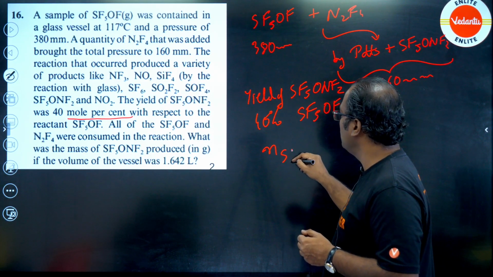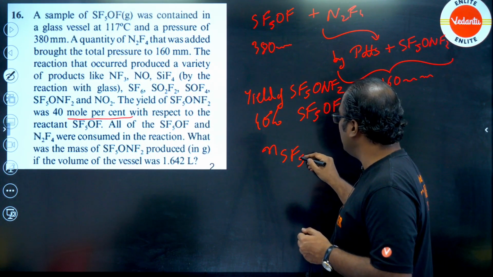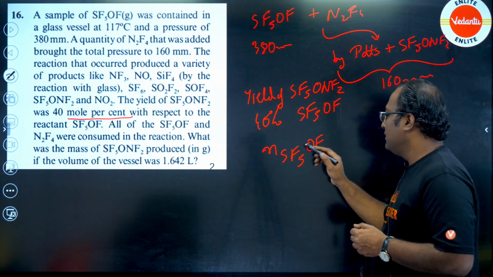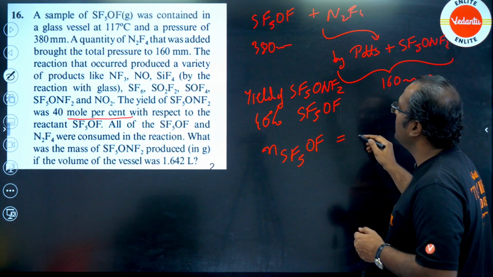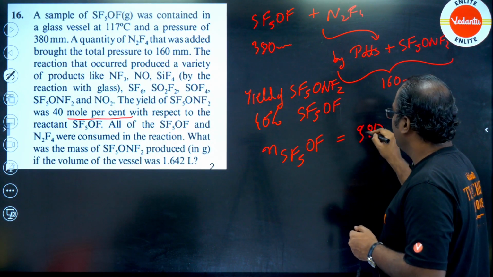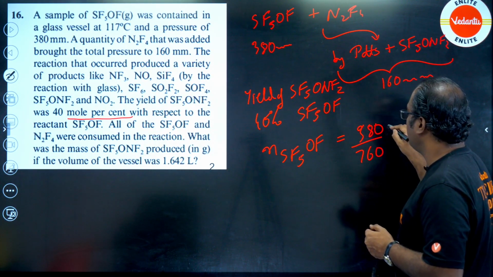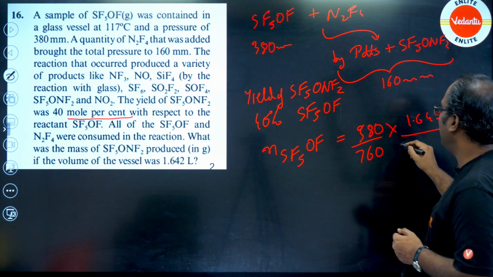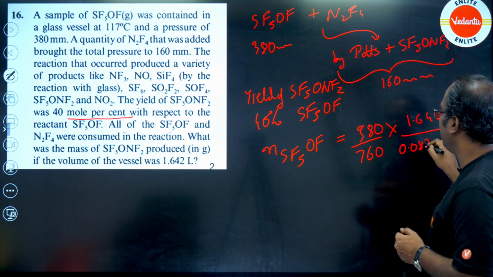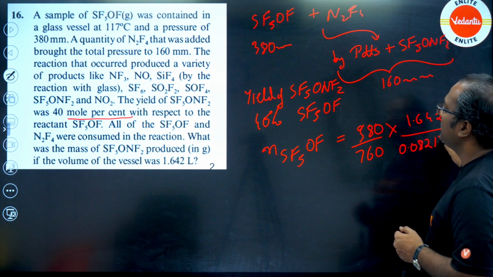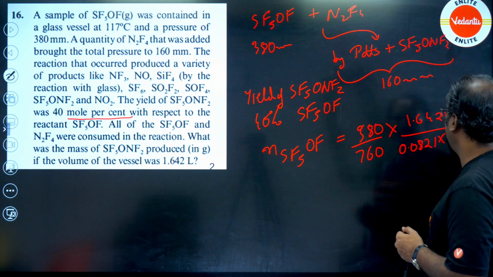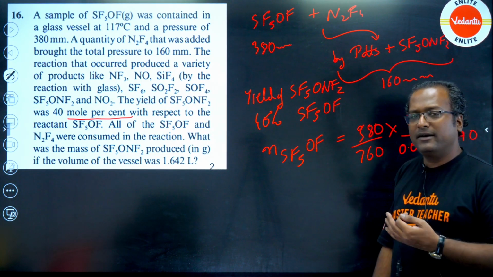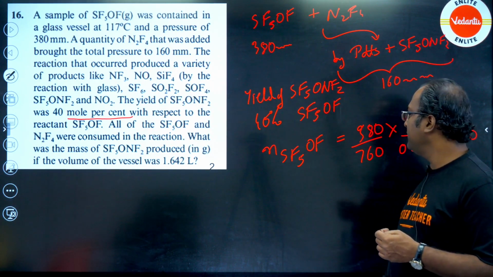Now the question looks doable. The question is actually very simple. It's just that the language is very tricky. Moles here we can find using PV equal to nRT. 380 upon 760 is the pressure. Volume used is 1.642, R is 0.0821 because atm liter was used, and temperature 117, that's 390. 273 plus 100 is 373, plus 17, 390.